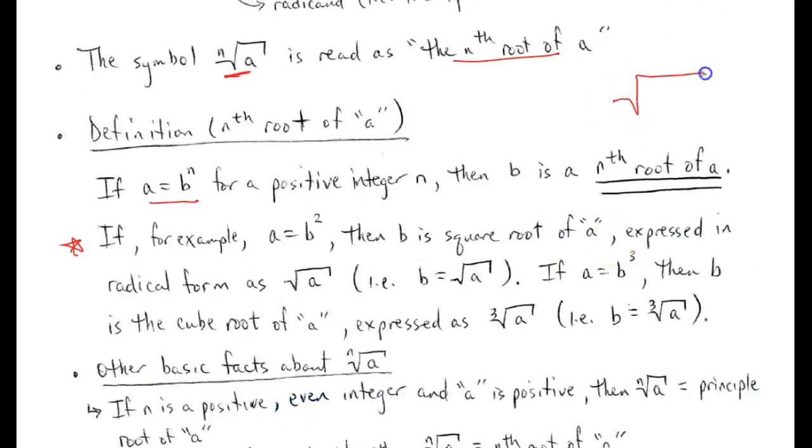Here, this is basically what we're saying. And of course, there's an understood 2 right there. So we're saying that b is the square root of a, or b is root 2 of a.